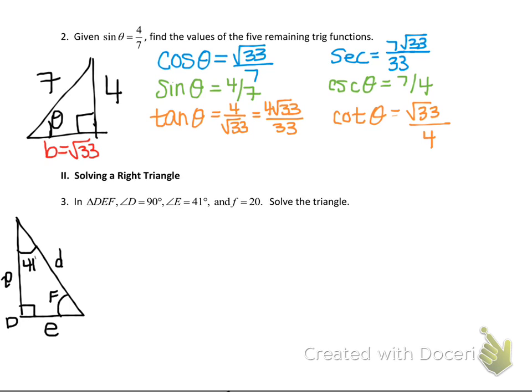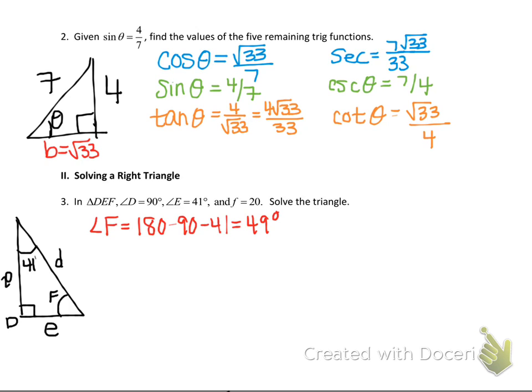Okay, so the first thing we need to do that's simple is to find F. To find angle F, since we have two angles and we need the third, angle F is going to come from 180 minus 90 minus 41, which is 49 degrees.